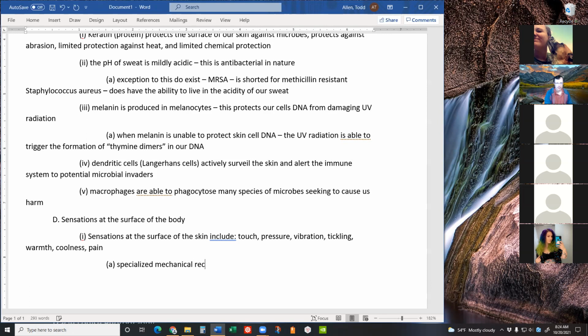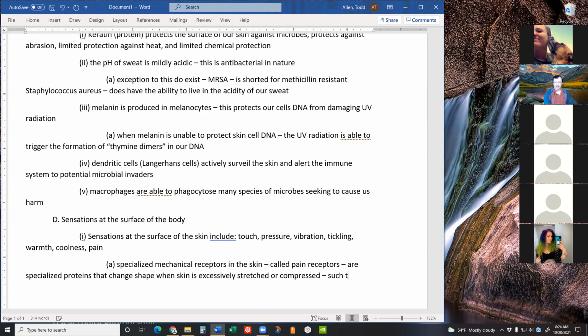Specialized mechanical receptors in the skin, called pain receptors, are specialized proteins that change shape when skin is excessively stretched or compressed, such that the skin is in danger of being damaged.